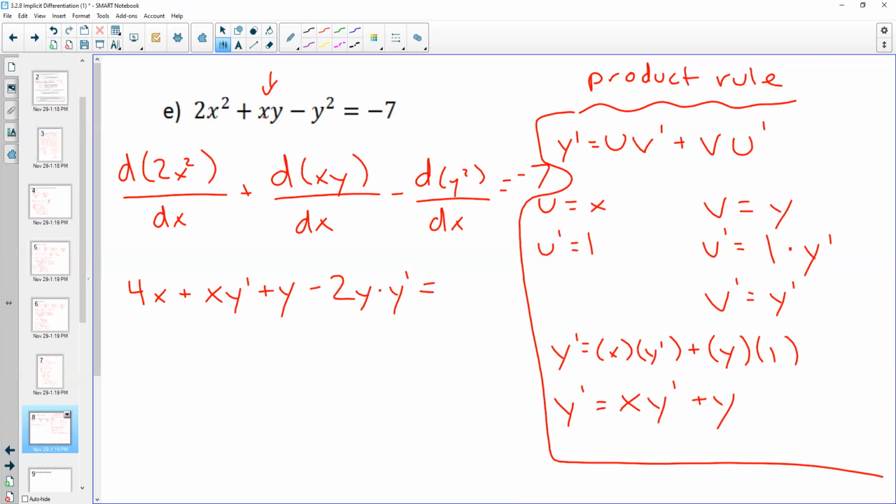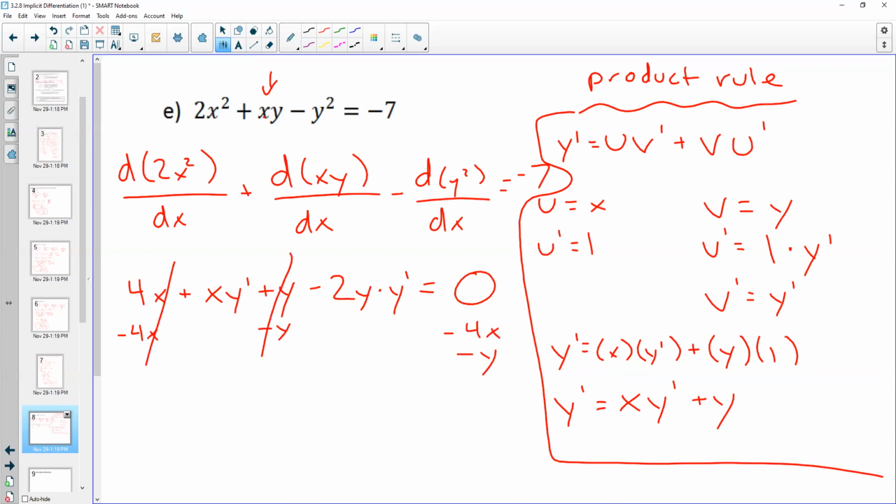And the derivative of negative 7 is going to be 0. Okay, so let's get all of our terms that do not have y prime on the right side of the equals sign. So we'll subtract 4x and we'll subtract y, right? y does not include y prime in there. So minus 4x minus y.